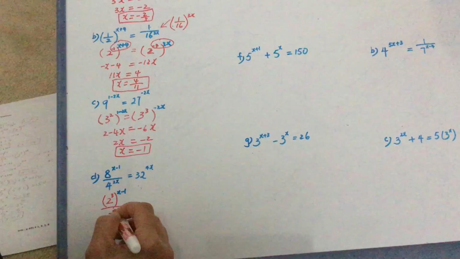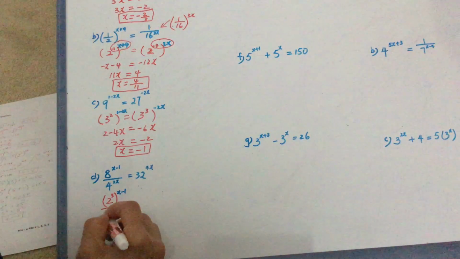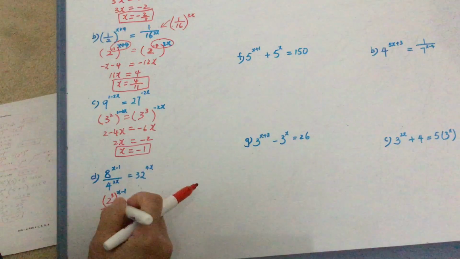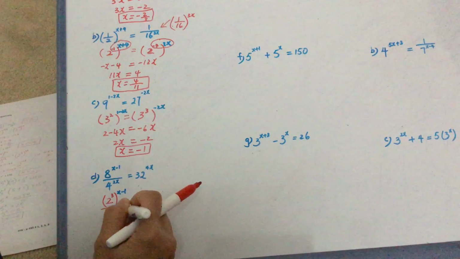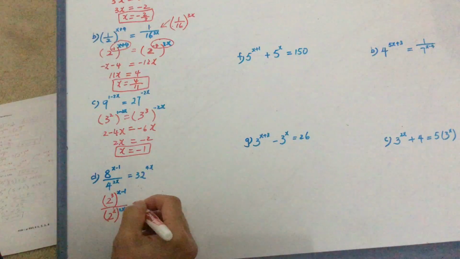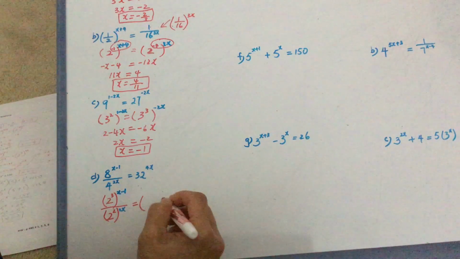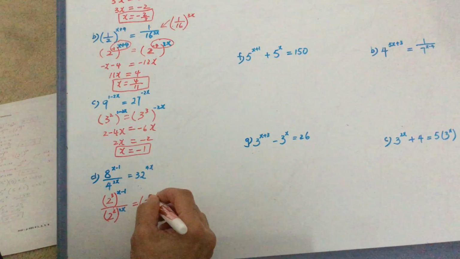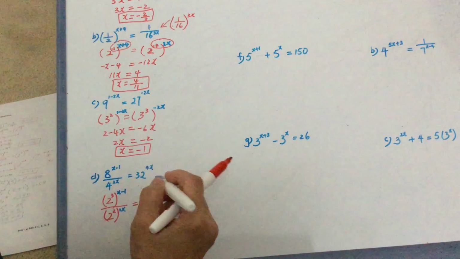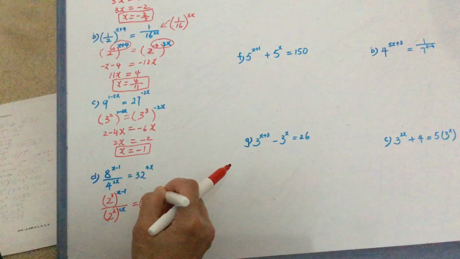I can turn this into base 2 to the power of 2, and I still have a 2x outside, and equal to, 32, I can turn this into base 2 to the power of 5, and I still have my 4x out there.